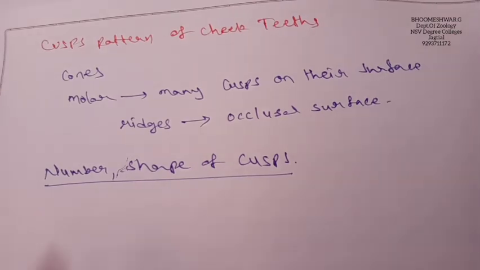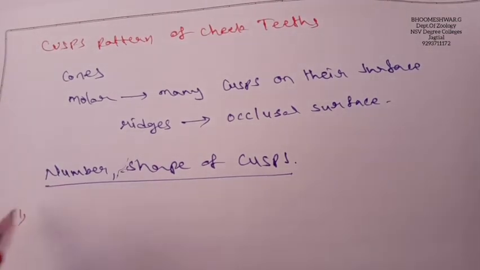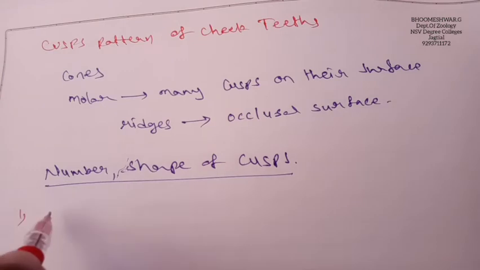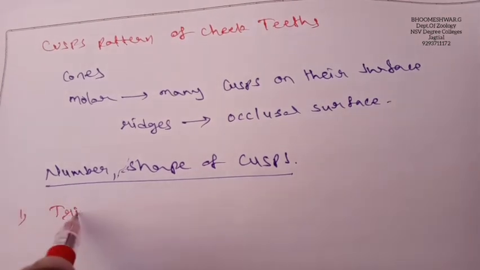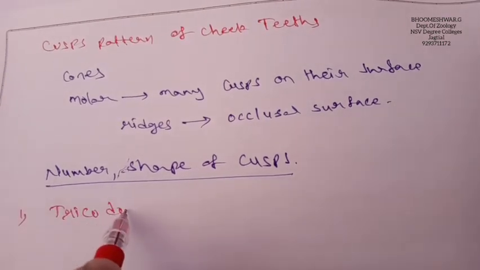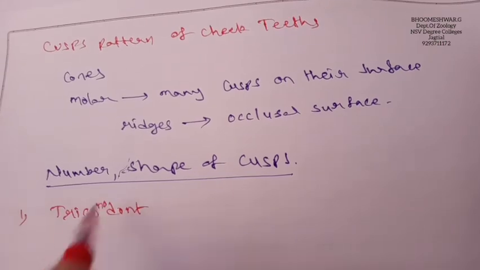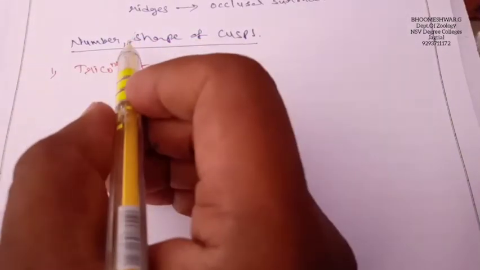The first type of cusp pattern is called triconodont.